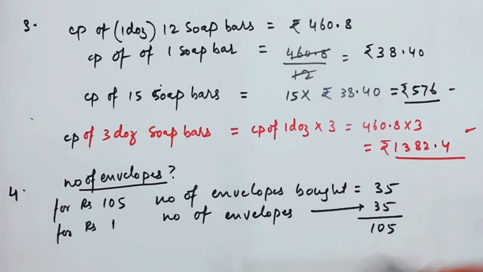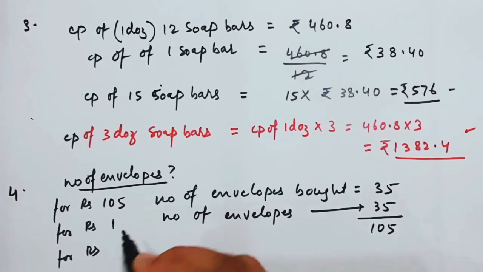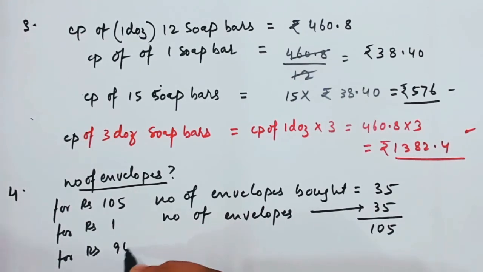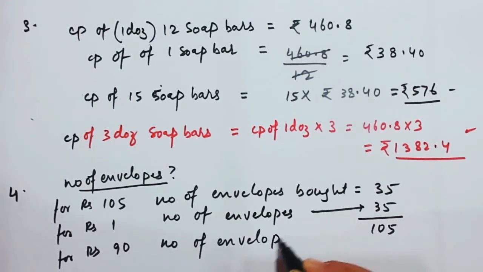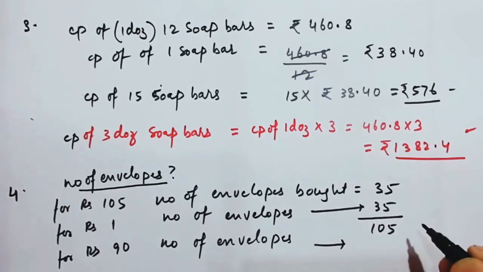Do not cancel it. Why cancel it? Or you can cancel it also. I'm not forcing you. So for rupees 90, the number of envelopes bought will be equal to how much? Why?